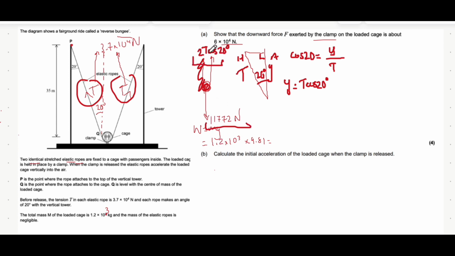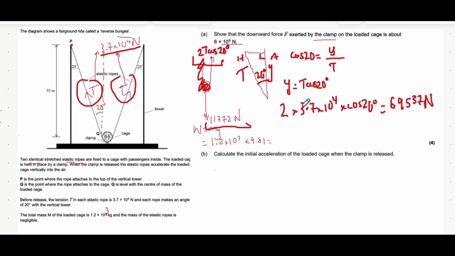So let's first find out what 2T cos 20 is, because we know what tension is. I labeled it here and it was given in the question. So we do 2 times 3.7 times 10 to the power of 4 times cos 20. When you're dealing with sine, cos and tan, remember to put your calculator in degrees mode, otherwise it just leads to an unnecessary error, even if you're doing the question correctly. And that gives you 69537 newtons.